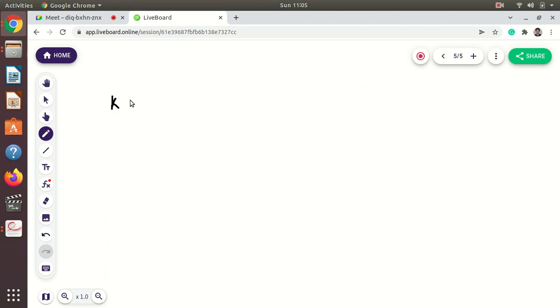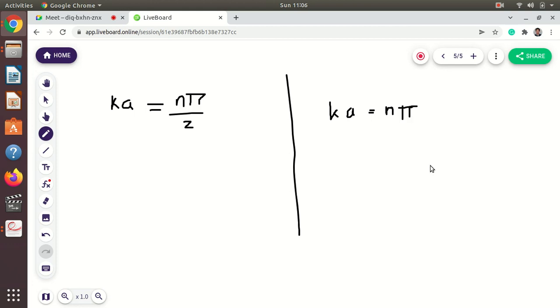So ka is equal to n pi by 2, or from the sine condition we have ka is equal to n pi, right? Previously it was 2a here, because we had taken the full width. So from the first condition we are getting this for cos. This cos means an even function. Cos is an even function and this is an odd function.